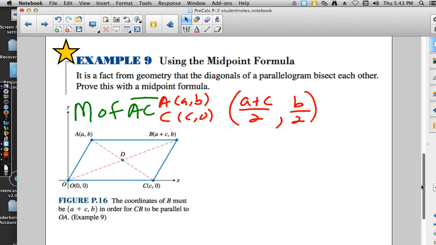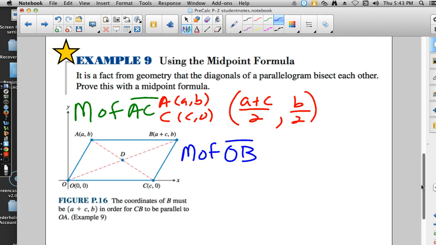Now, let's go after the other one, which would be the midpoint of OB. Thought I was going to do BO there for a second, did you? Not going that way.